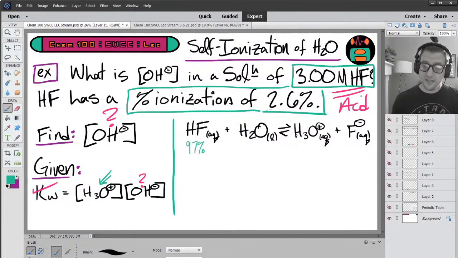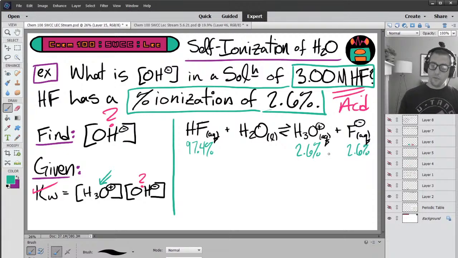It's not going to react. But 2.6% of it will form hydronium and fluoride.